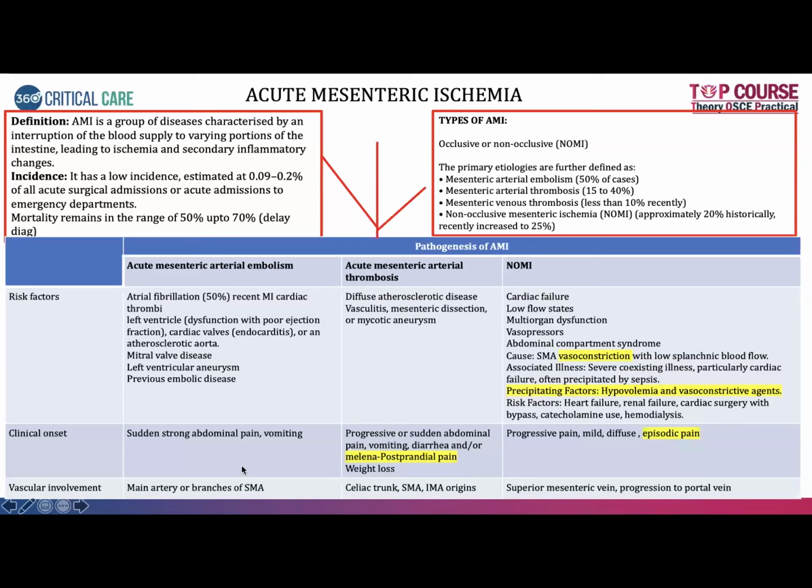What are the vessels that are commonly involved? In arterial embolism, the SMA is more commonly involved, whereas in thrombosis, it is either the celiac trunk, SMA or inferior mesenteric artery origins. In venous disease, it could be the superior mesenteric vein progressing to the portal vein.